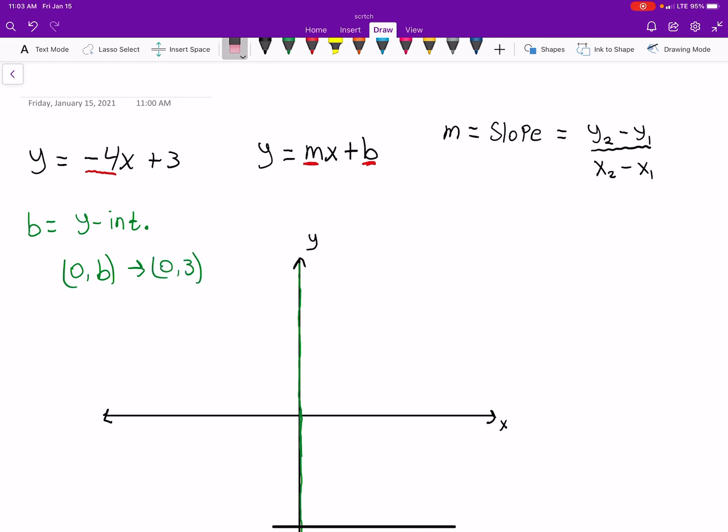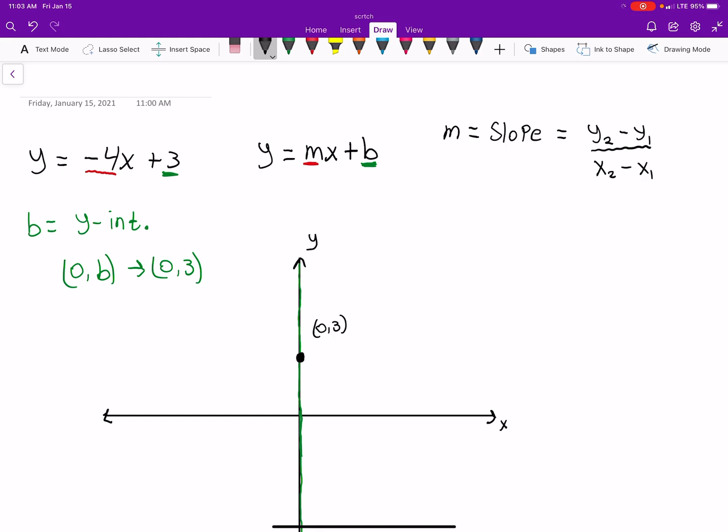That's because our 3 is taking the place of our b. Okay, so we know one point on the graph, it's 0, comma 3. So you would go on the graph, maybe it's right here. That's that point, and that's going to be a point on our line.